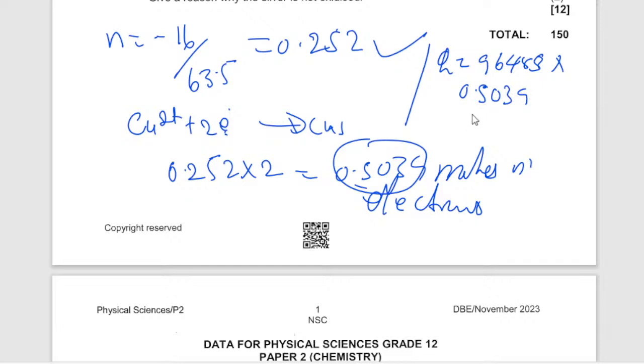So basically the charge here is going to be equal to 4.862 times 10 to the power 4, and this charge is measured in coulombs. Understand? After finding the charge in coulombs, it means that it's easy.